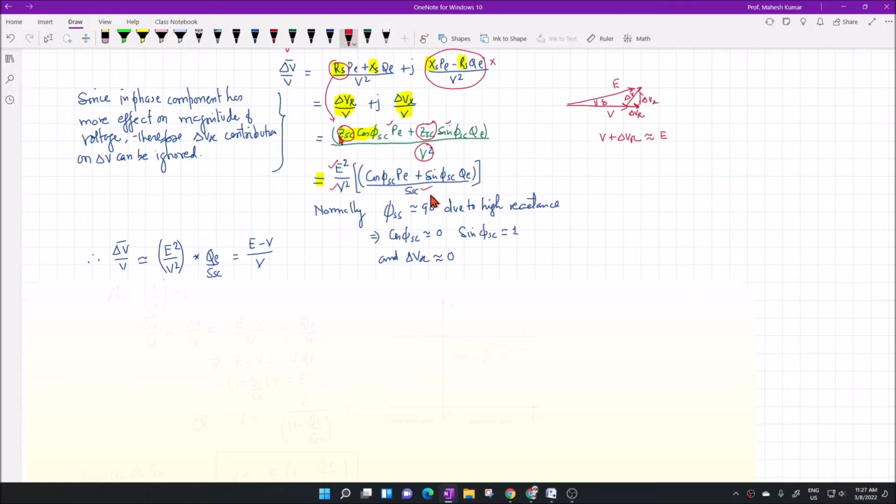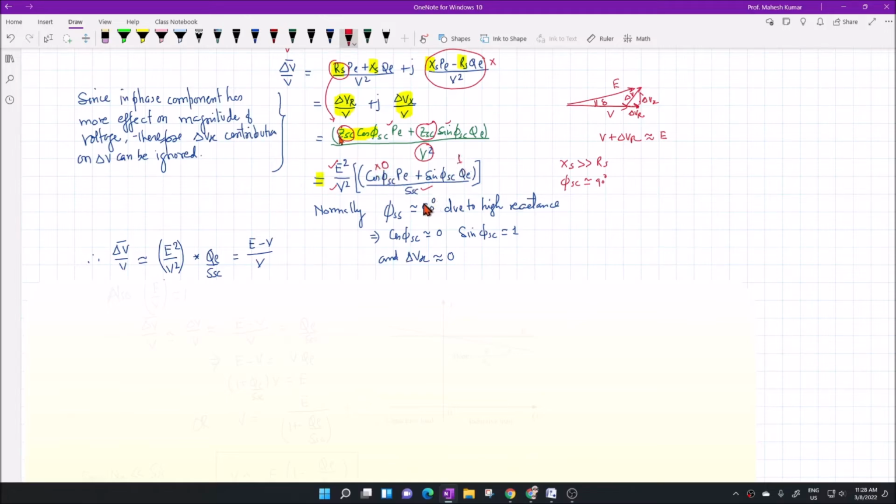Now again, normally during fault conditions, the reactance of the feeder is quite high as compared to the resistance. So I can say the XS is quite high than RS, and hence the angle phi SC is quite close to 90 degree. Because of that, the cos phi will be 0 and sin phi will be 1.